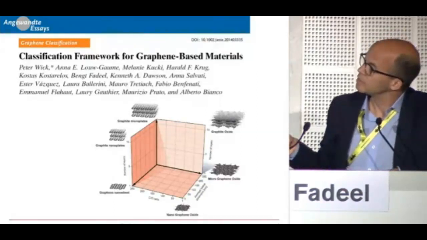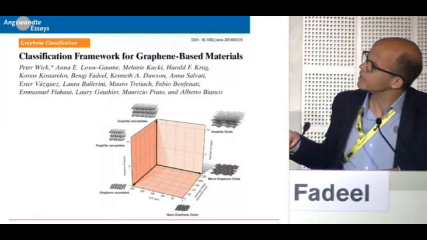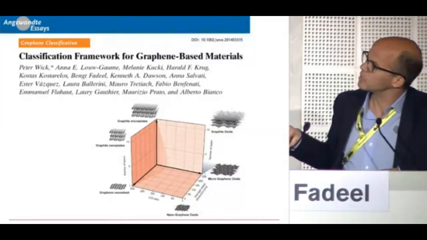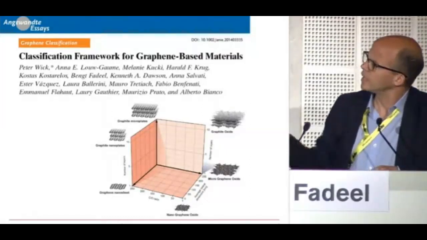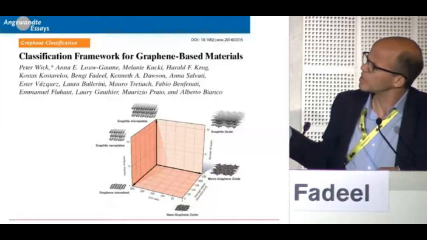And briefly, what we are looking at are three parameters: the number of layers, as well as the average lateral dimensions of the materials from nano to micron size. And the third parameter is the carbon to oxygen ratio. What I'm going to discuss today are essentially graphene oxides of small or large lateral dimensions. So we're going to compare these two.